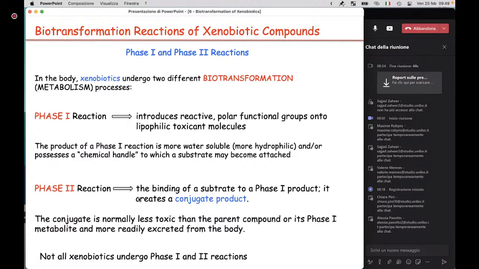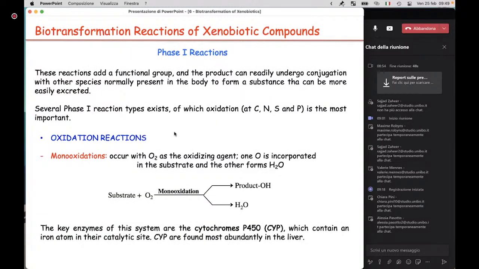So, since all these reactions need enzymes to be carried out in the body, we will see that just some enzymes are specific for the specific compound, the specific toxicant, and so just some reactions catalyzed by that enzyme will happen to that specific toxicant or poison and so on. Okay, so let's take a look at the most important phase 1 reactions.